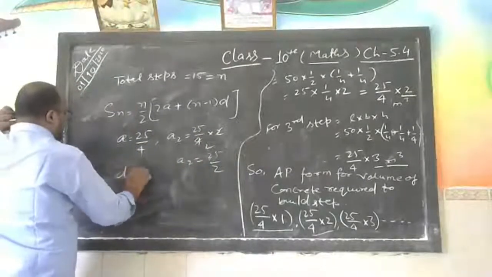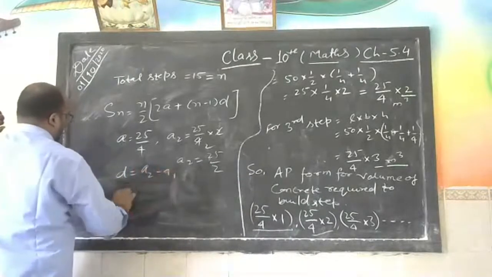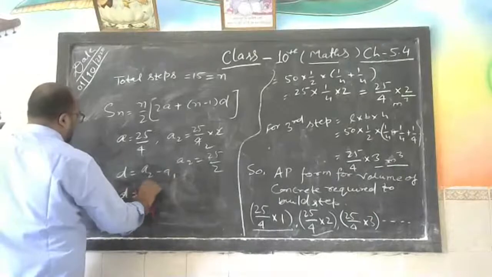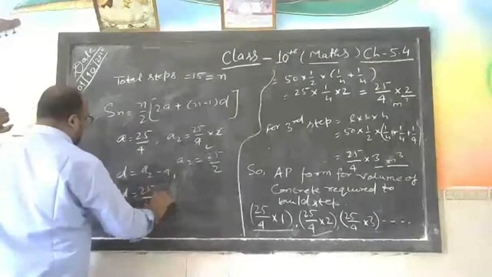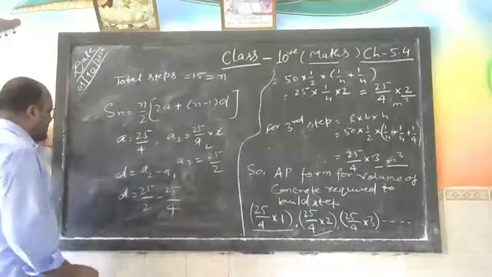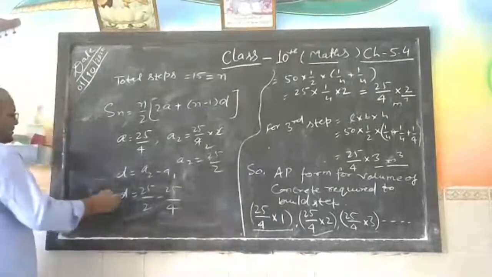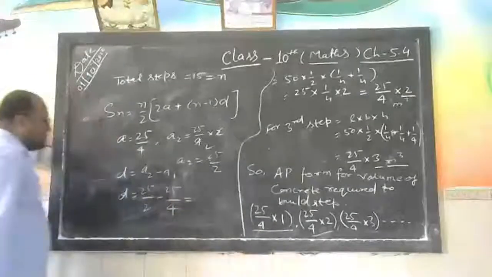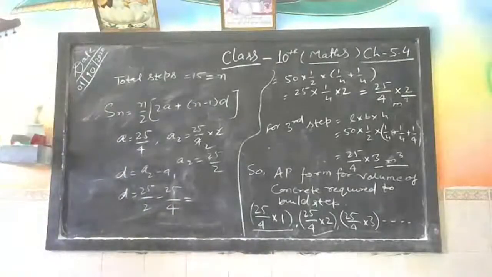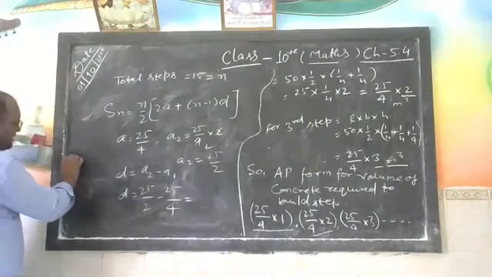Therefore, D is equal to, you know that A2 minus A1, therefore D is equal to 25 upon 2 minus 25 upon 4. Now calculate this. You have to start calculating it.